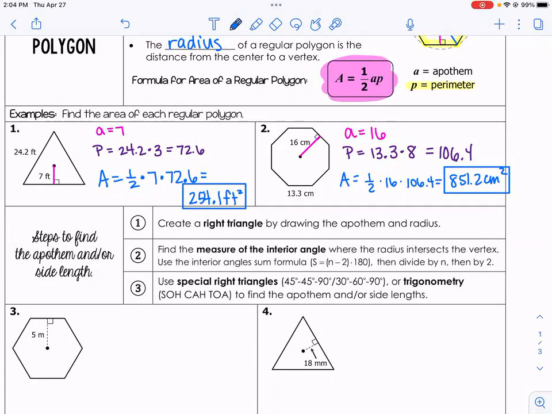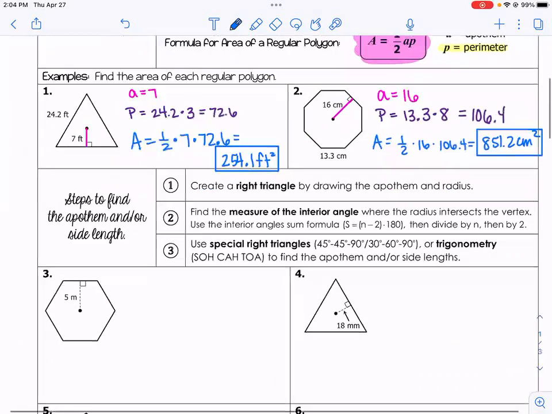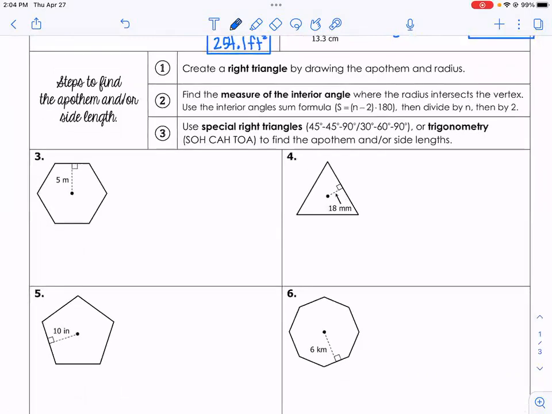If you do not have the apothem, or if you do not have the side, then you may have to use either special right triangles or SOHCAHTOA in order to get one of those pieces.